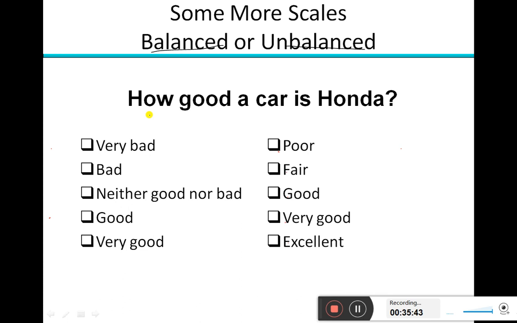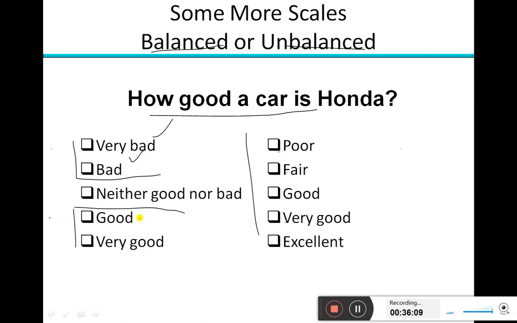Suppose I have a question: how good a car is Honda? Look here, I have used 2 scales: very bad, bad, neither good nor bad, good and very good. Bad is a single category and very bad is a higher category. Good is a category and very good is a higher category.